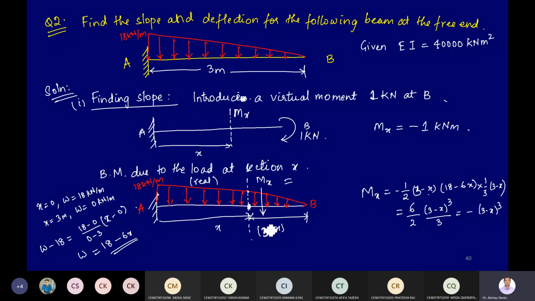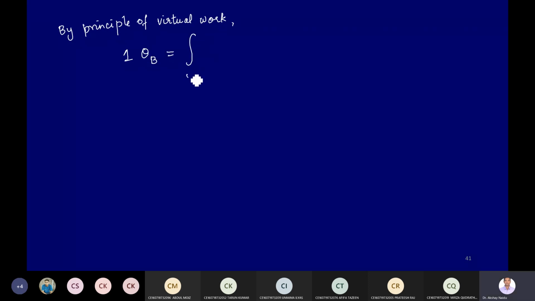All right. So now by the unit load method, or by the principle of virtual work, one times theta B is equal to integral 0 to 3 small m capital M by EI dx.